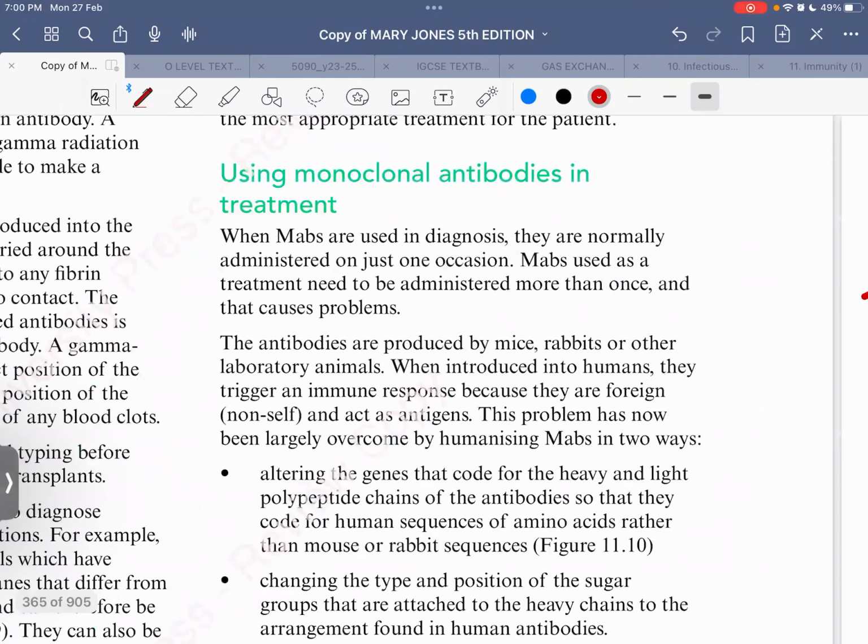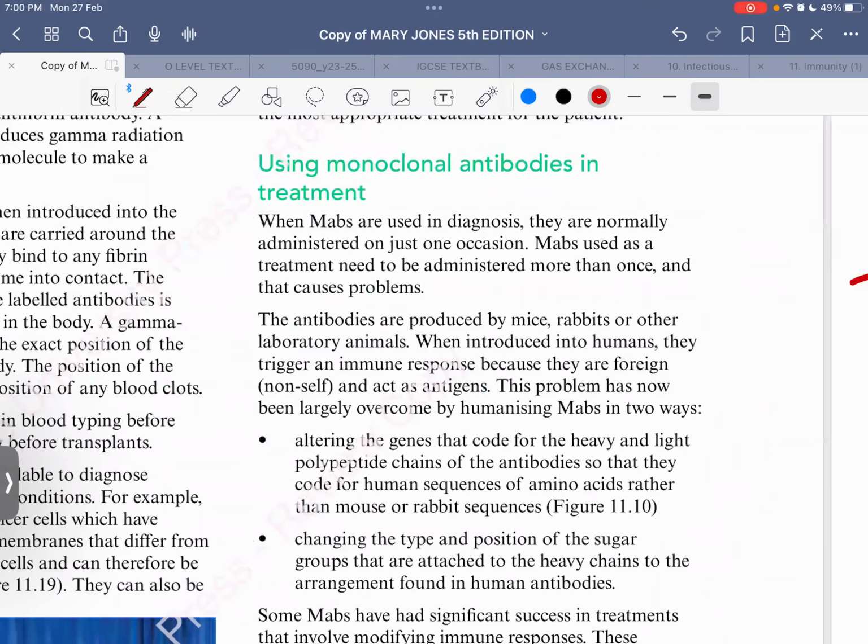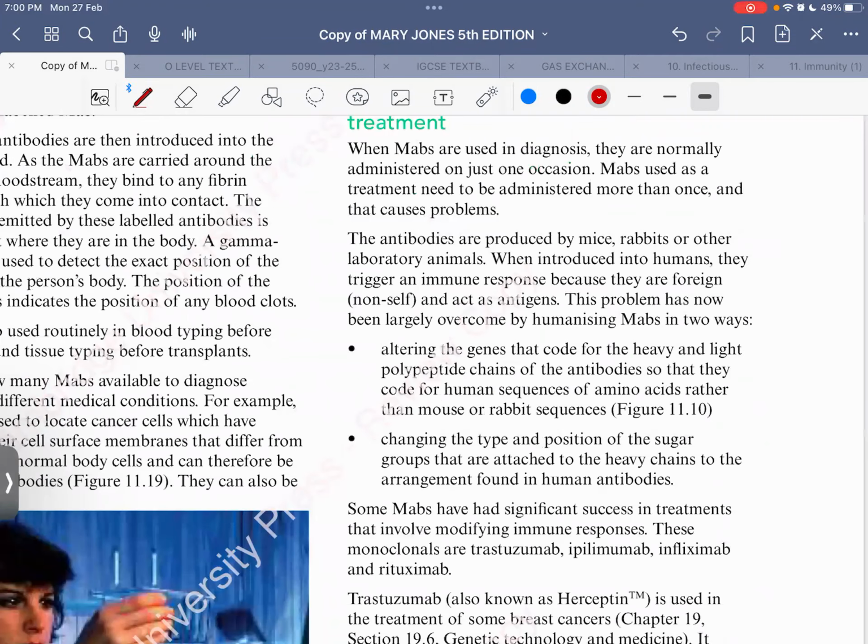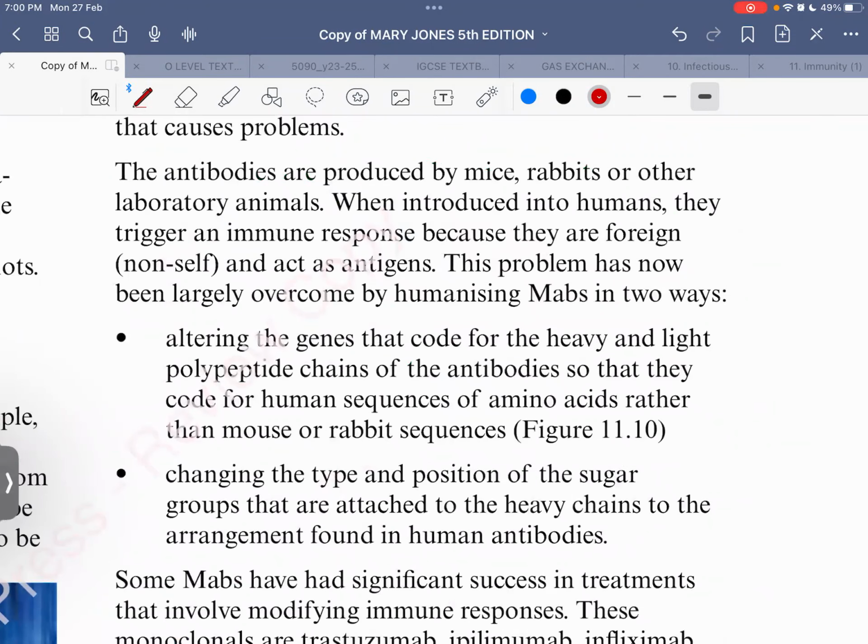Now, problems which we face when we use monoclonal antibodies produced by mice or rabbits or laboratory animals. Of course, when we make monoclonal antibodies by using mice or rabbits, there is a chance that if such antibodies are given to humans, they might trigger an immune response, क्योंकि आखिर आई तो वो किसी animal के body से है ना, उसके plasma cell से.